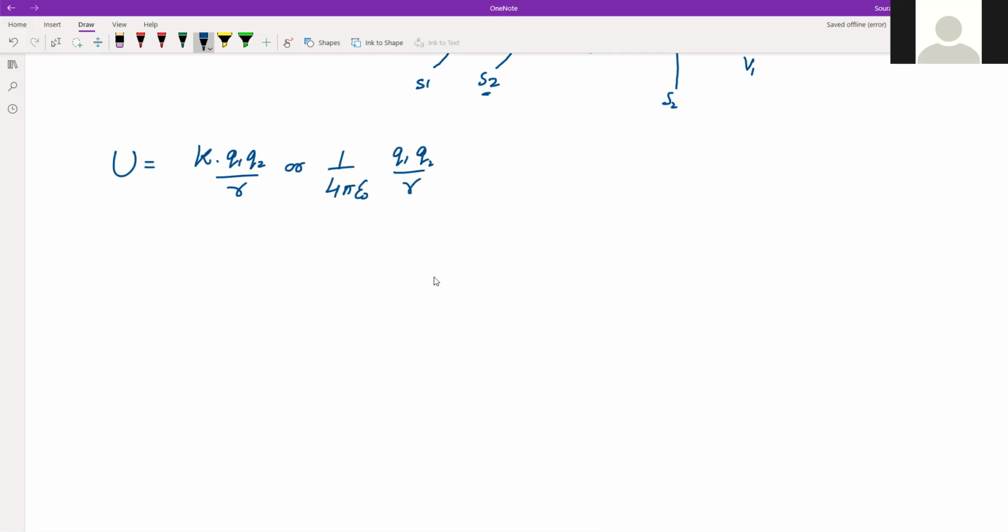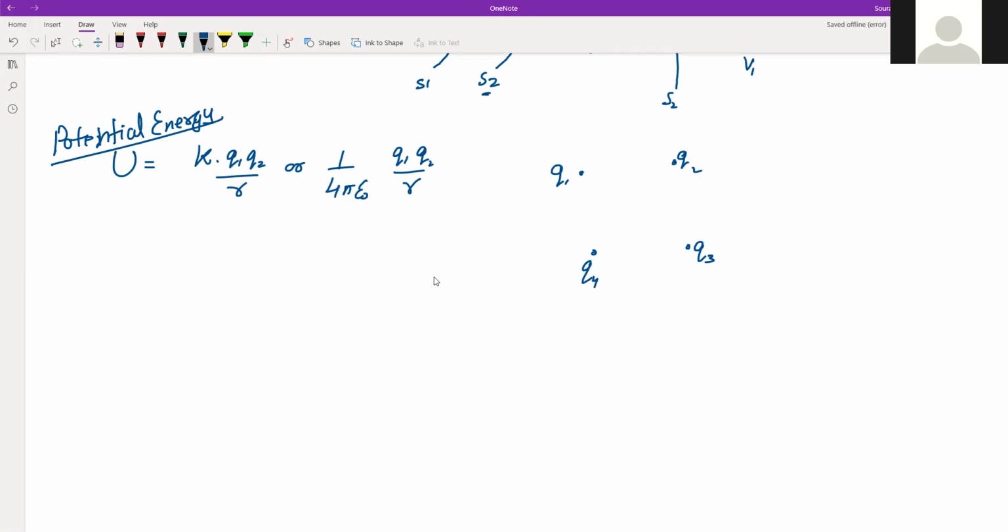And if there is a system of charges like this, suppose this is Q1, Q2, Q3, Q4, then for this entire system, you will have to take the individual charge combinations, compute their potential energies and then add them.